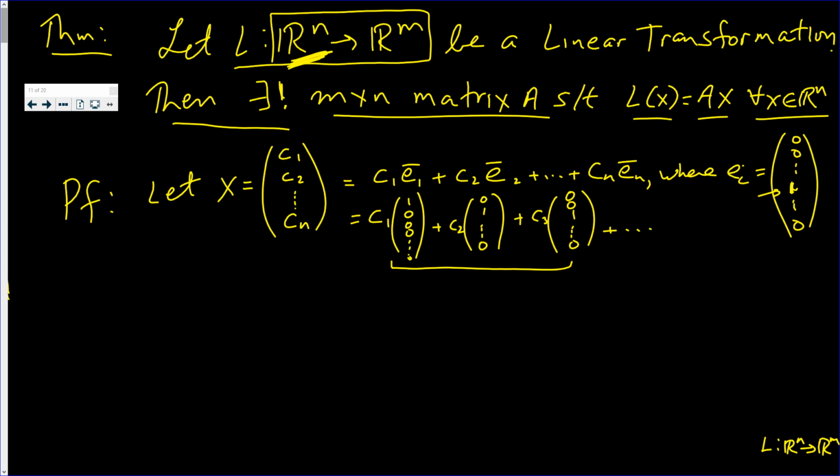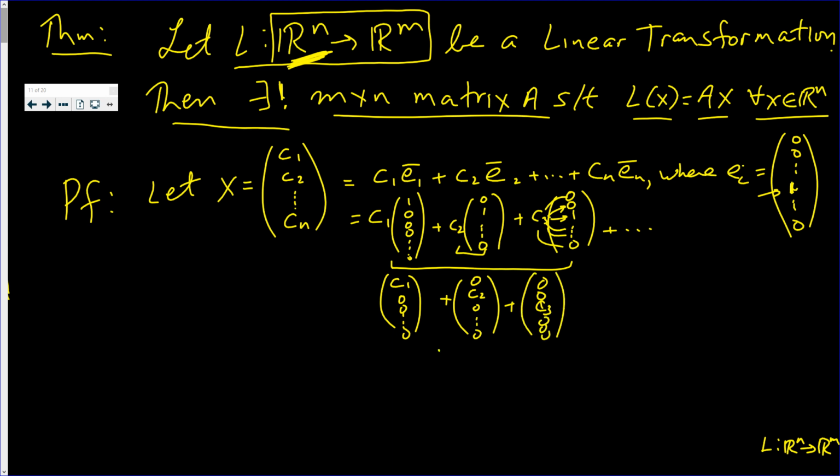If you just add those first three, you get C1, C2, C3, and all zeros.